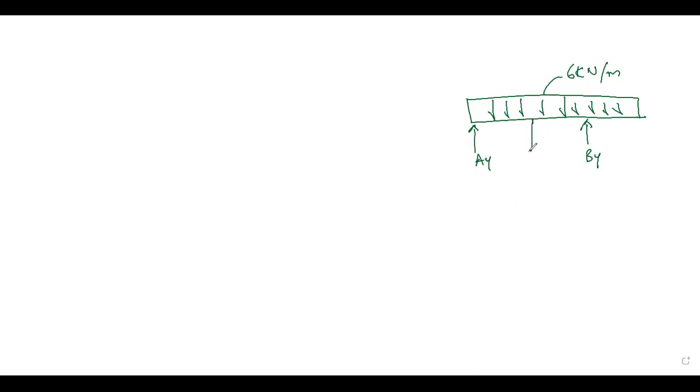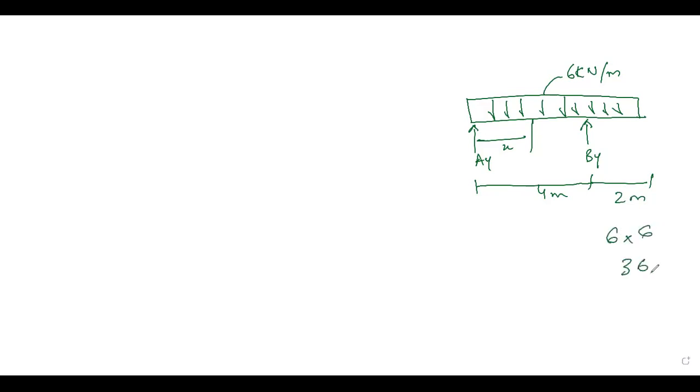The distance here to here is X, which is unknown. This is 4 meter, and this is 3 meter. So we can convert this UDL into a point load by 6 into 7. Oh, this is 2 meter, so it will be 6 into 6.